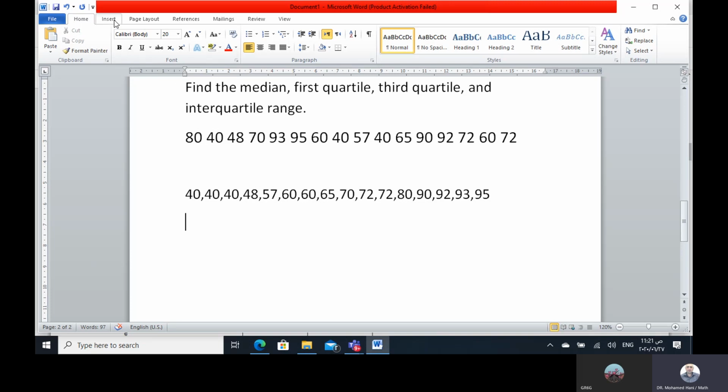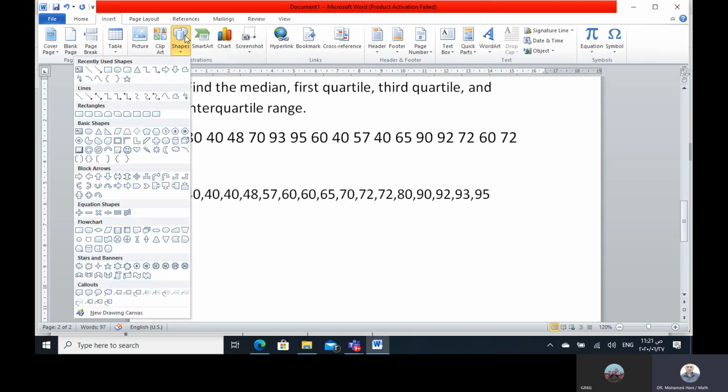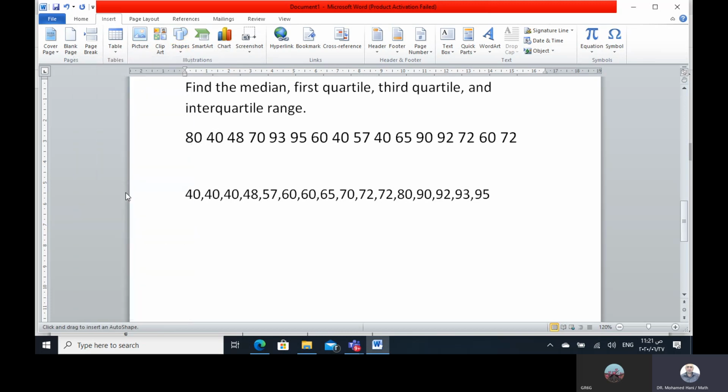So take the two numbers on the middle. You can here cancel number from the last, number from the beginning, number from the beginning, number from the last. You will find here the two numbers.